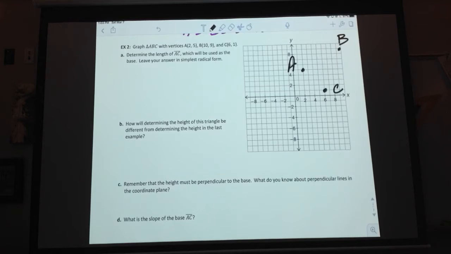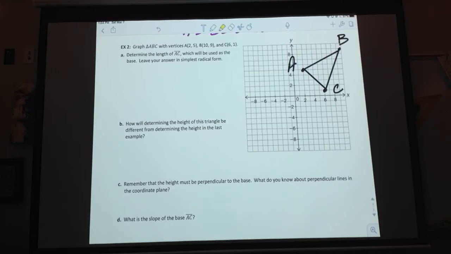There's my C. Draw my lines between the vertices, meaning between A, B, and C. Draw the lines. And there is my triangle ABC. Now it says, determine the length of AC, which will be used as the base. Leave your answer in simplest radical form.